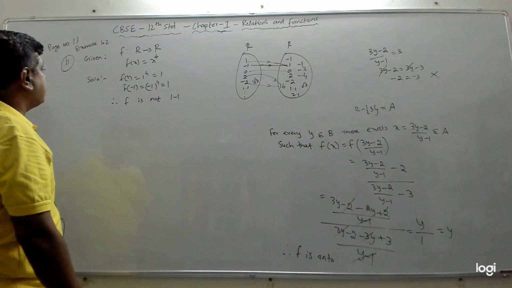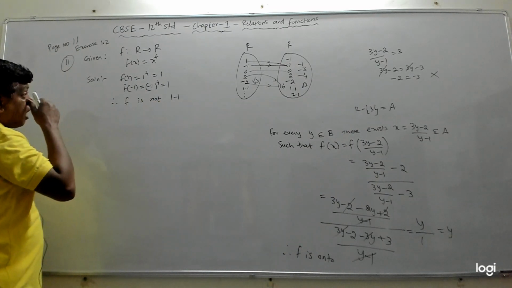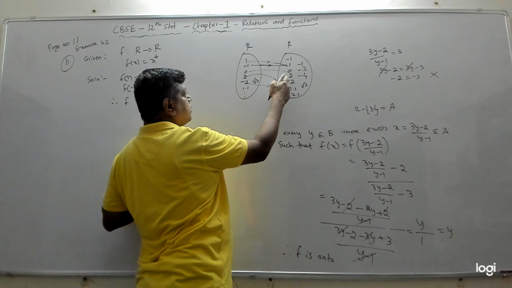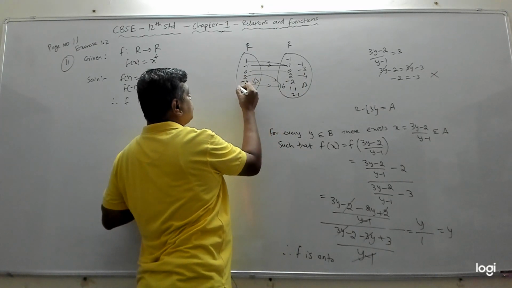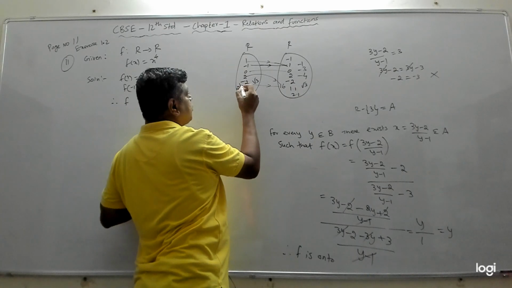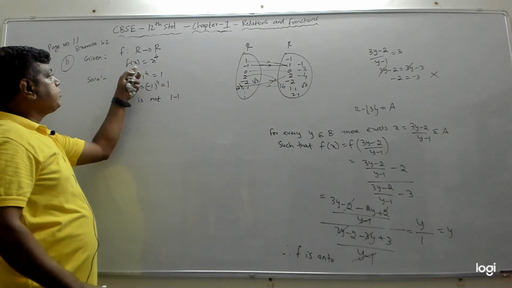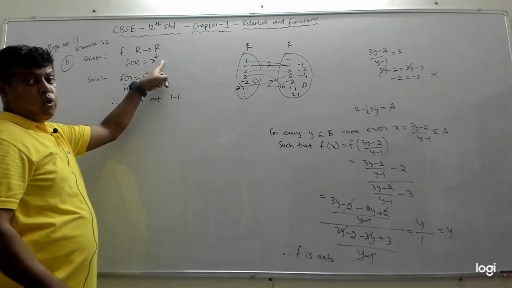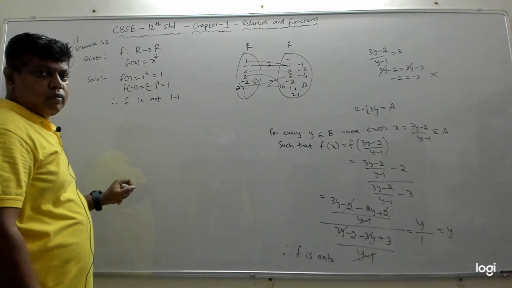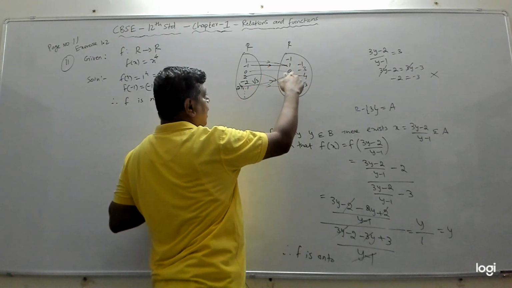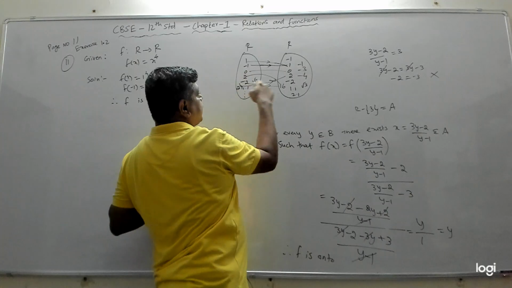Now next, we have to check whether f is onto. Any negative number you take... even 2 will have a mapping. 2 power 1 by 4 will go to 2, because f of 2 power 1 by 4 is 2 power 1 by 4 whole power 4, which gives you 2. So all the positive numbers and 0 will have an element here, but negative numbers will not.